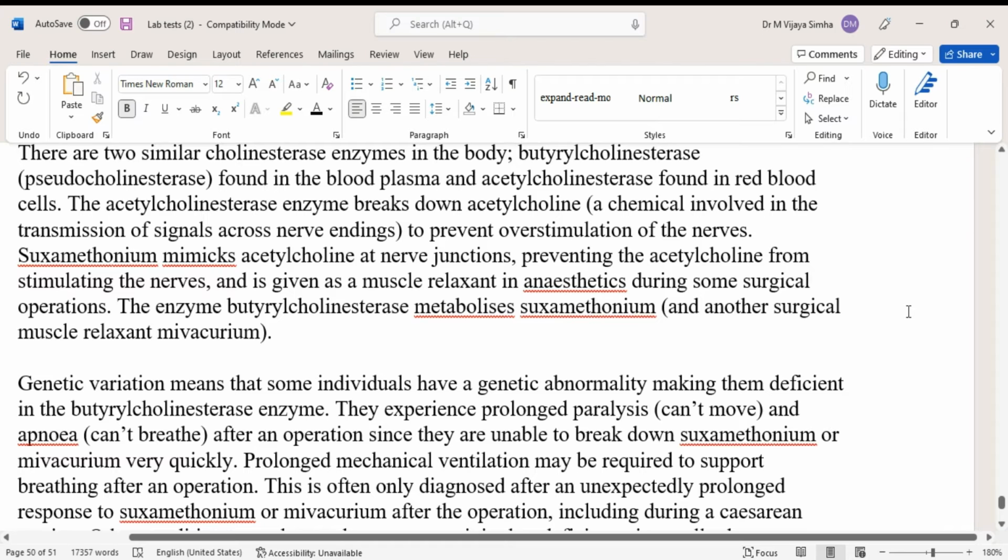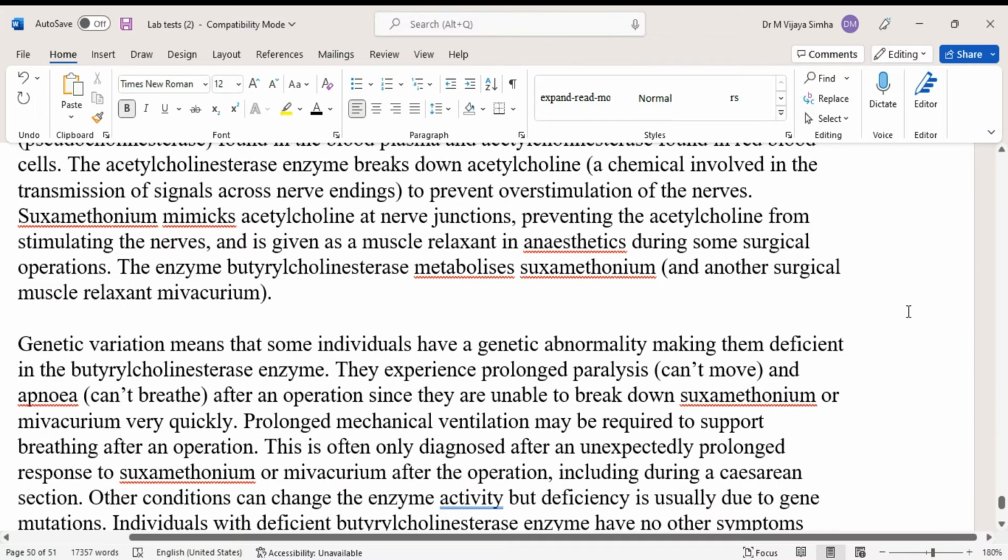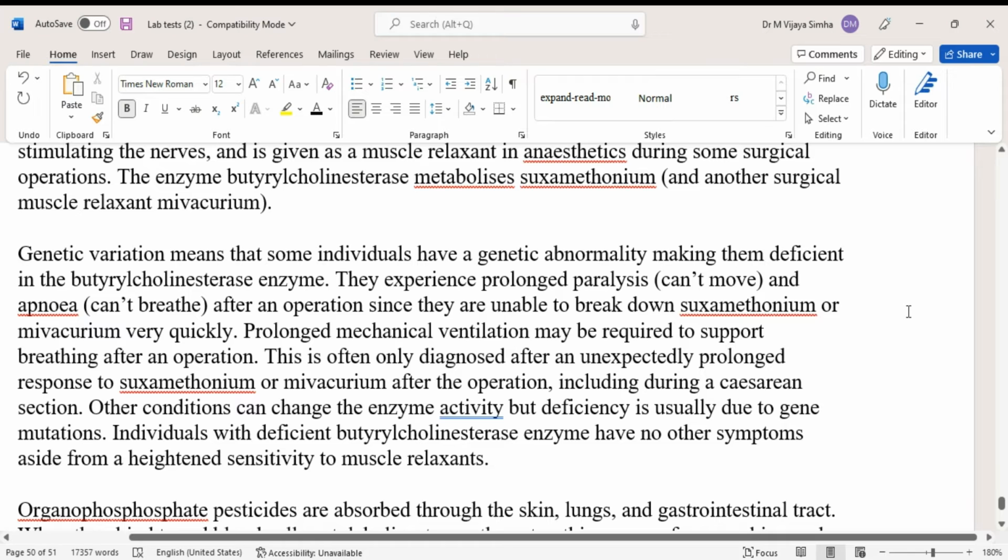Genetic variations mean that some individuals have a genetic abnormality making them deficient in butyryl cholinesterase enzyme. They experience prolonged paralysis and apnea after an operation since they are unable to break down suxamethonium. Prolonged mechanical ventilation may be required to support breathing after an operation.